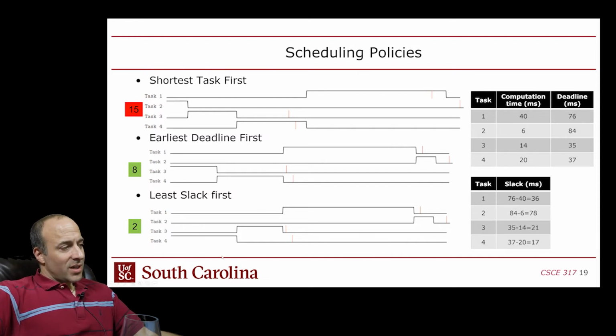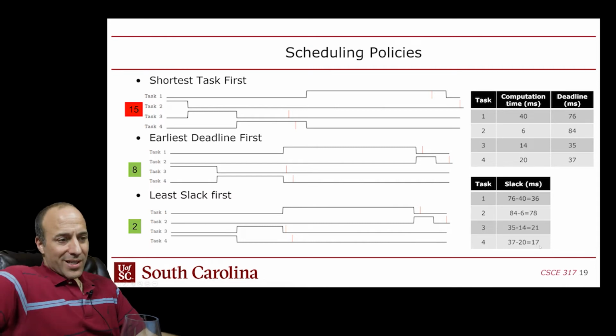And then this other one, number 2, also met its deadlines, but it was following a policy of least slack first, where the slack is the difference between the deadline and the execution time. In this case, the task with the least amount of slack was 4 because it only had 17 milliseconds of slack.